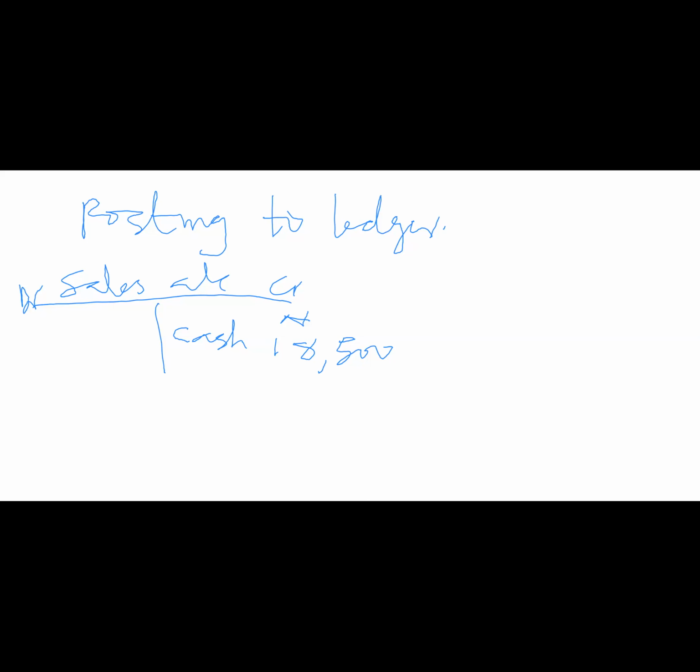Now we post, we credit cash under the sales ledger account. There's nothing else, so you have to write your balance CD of about 18,500.